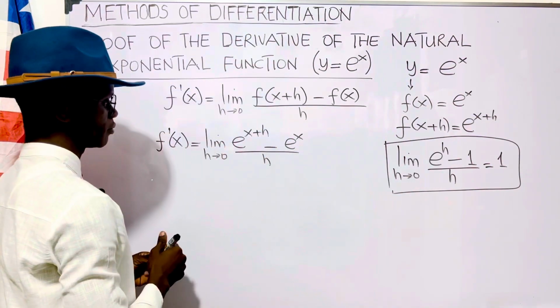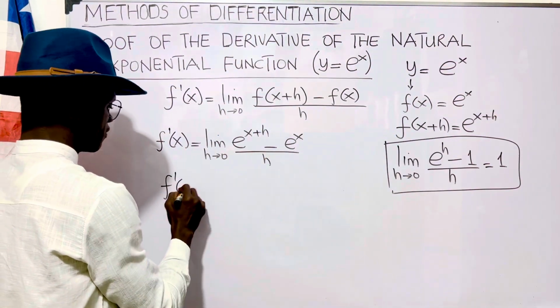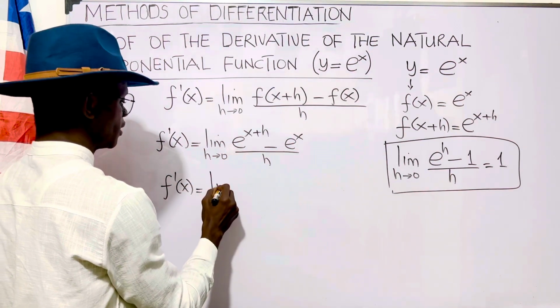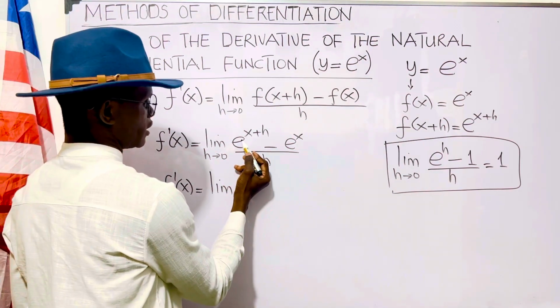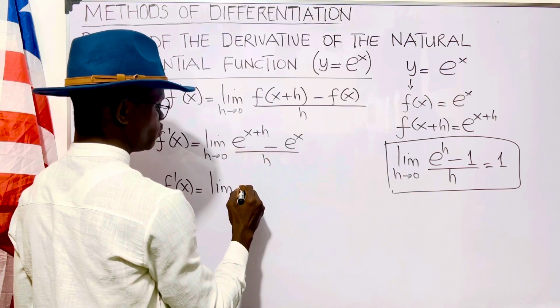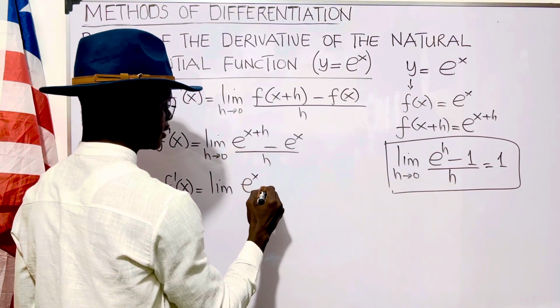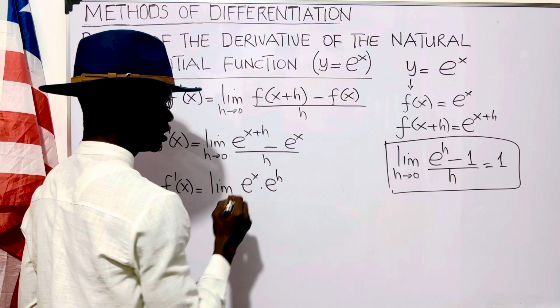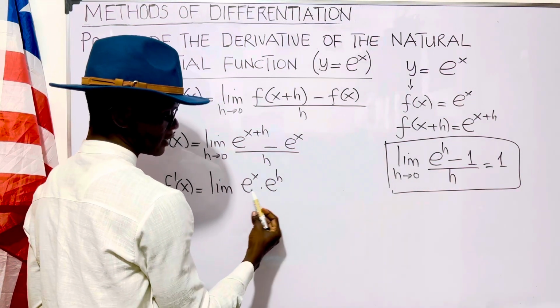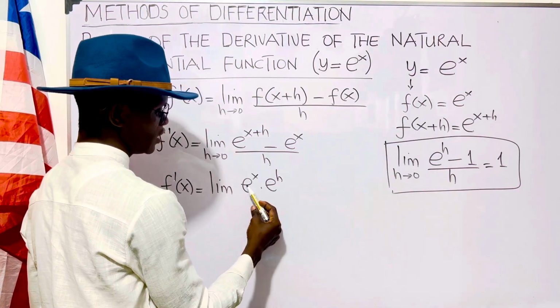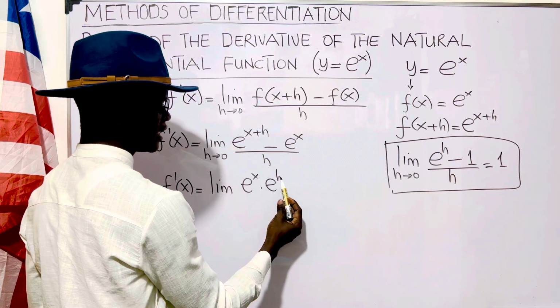So we have f prime of x equals the limit. Now e raised to the power x plus h can be rewritten as e raised to the power x times e raised to the power h, because when the bases are the same, we can just take one of the bases and add their exponents.